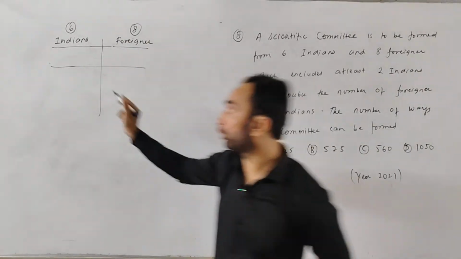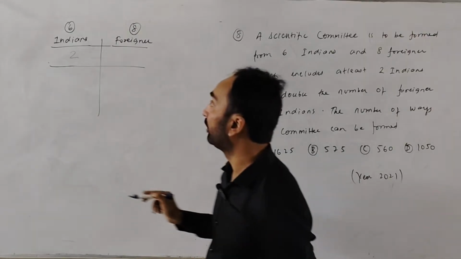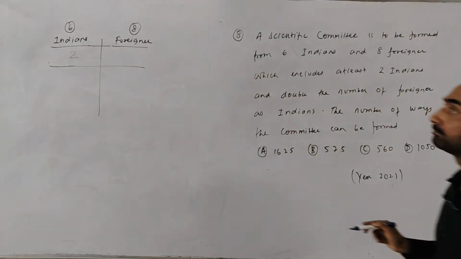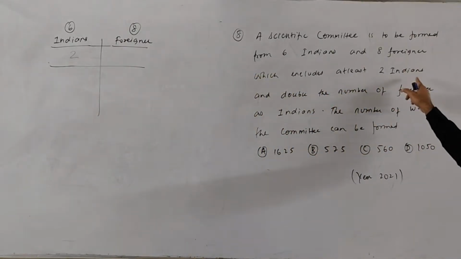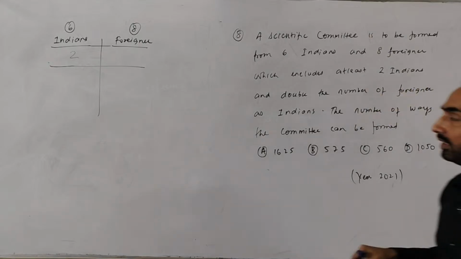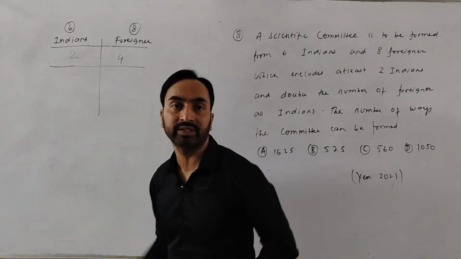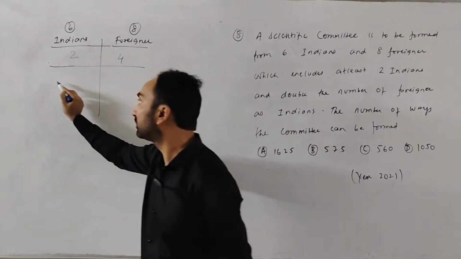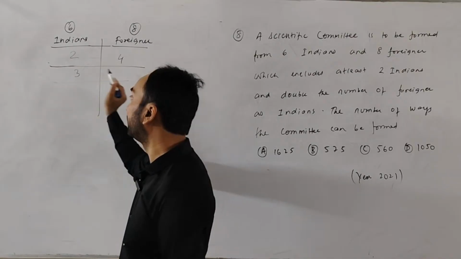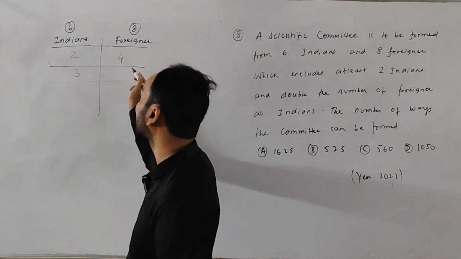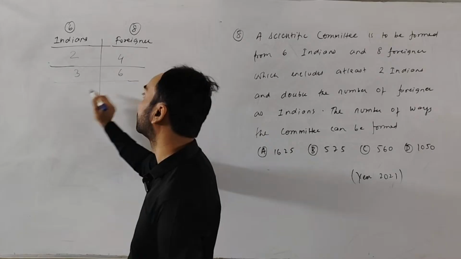Now, if I put 2 here, then the condition is at least 2 Indians and double the number of foreigners, right? So the number of foreigners in this case will be 4, because 2 Indians we have chosen. Then if I choose the number of Indians as 3, then in the same committee the foreigners will be 6.